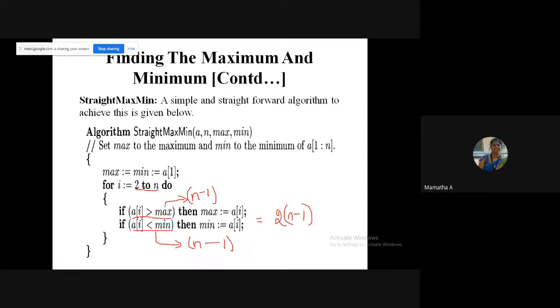Okay. Going back to this, can I do some improvement here? Can you tell me, can an element be both max and min, or can it be only one of them? When I compare A of I with max or A of I with min, can it be both max and min or only one? A of I can be either the maximum one or the minimum one.